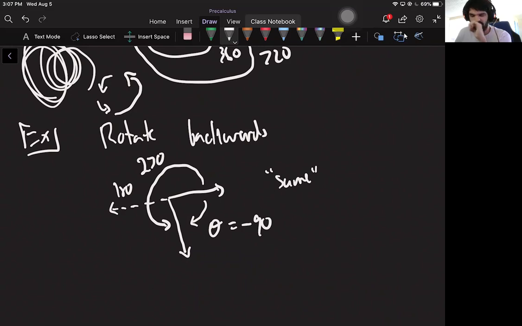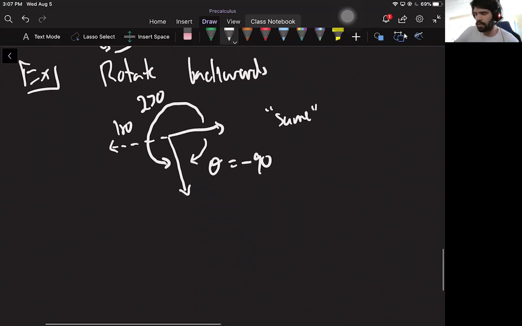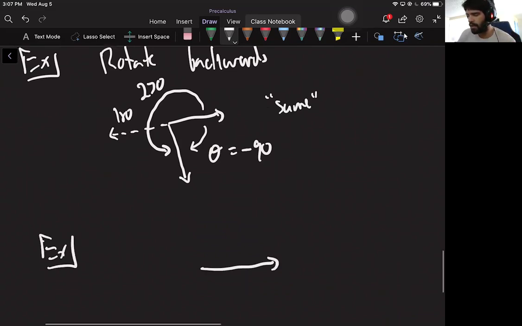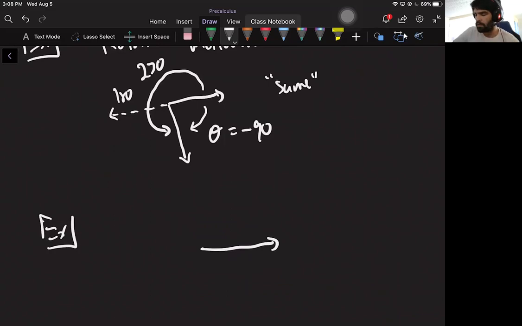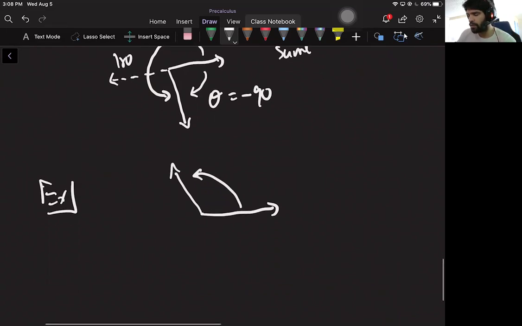And I keep drawing them from the specific starting side, the initial side like that, and then drawing the terminal side somewhere like that or something. So I'm always doing that. But that's just because in the future we always like it to look like that. But really, it can look like many other things.